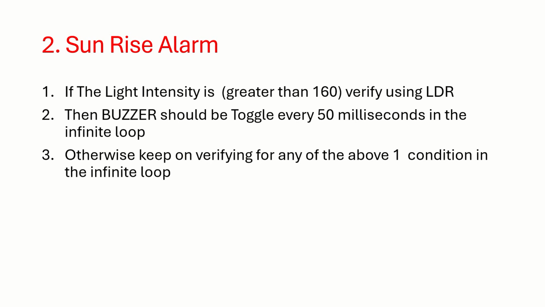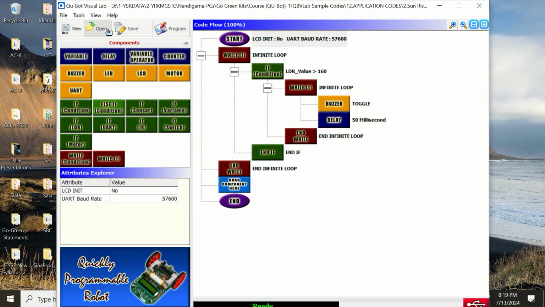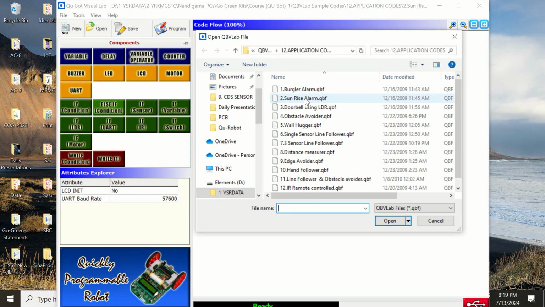If the condition is satisfied, then the buzzer should toggle every 50 milliseconds. Otherwise, stay in the loop. So here also we have conditional loops. The only thing is we are looking for only one condition, that is the LDR with a value of 160. Right. Let's look at the program.